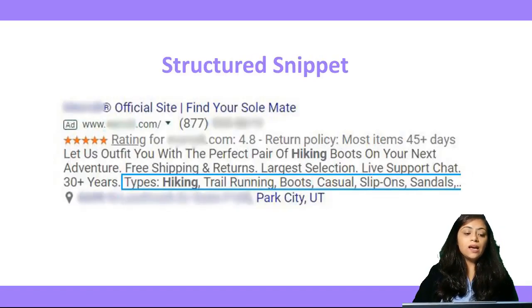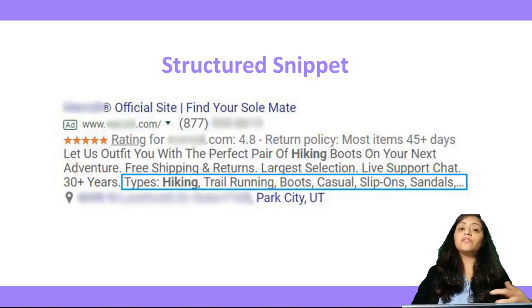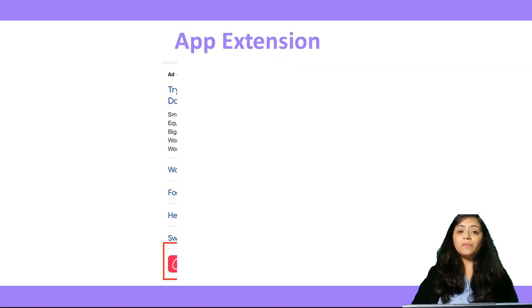Structured snippet is when you want to classify your services into groups. For example, if you want to show something extra on your Google Ads, you can use structured snippets and classify those services into different groups. Another one is app extension.